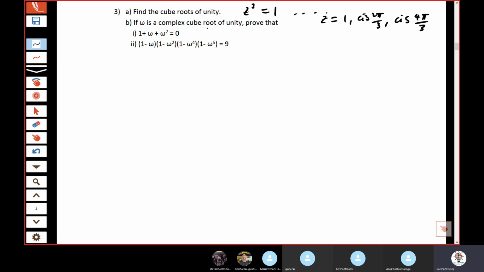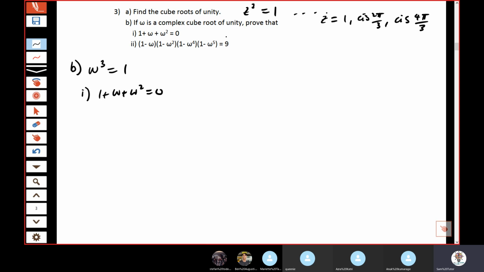If omega is a complex cube root of unity, that means what? Prove this. Now, there were a few ways we did that. You can pick whatever method you like. Tell me if you remember anything.